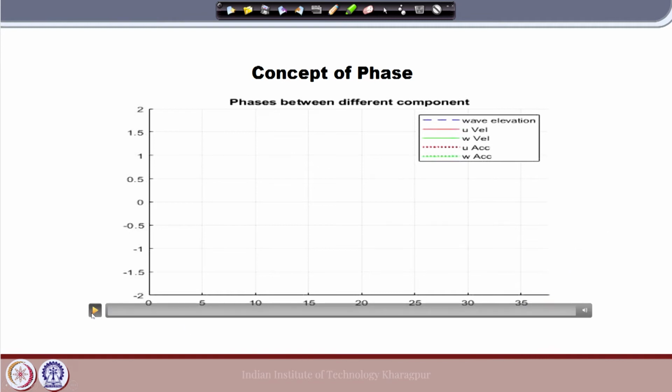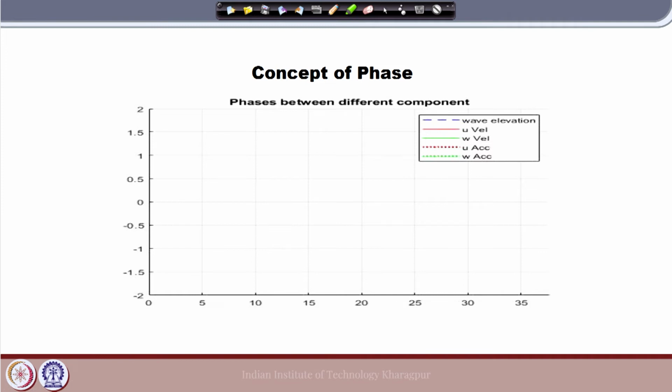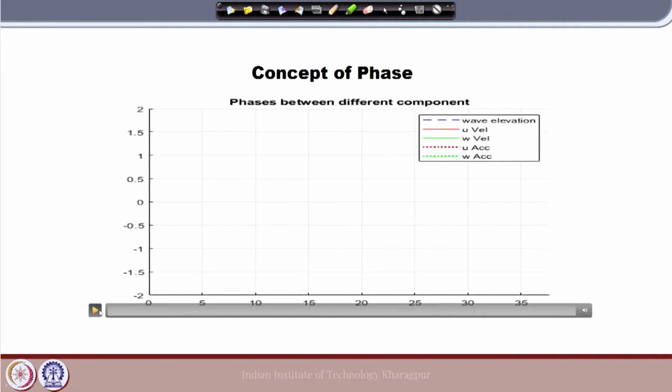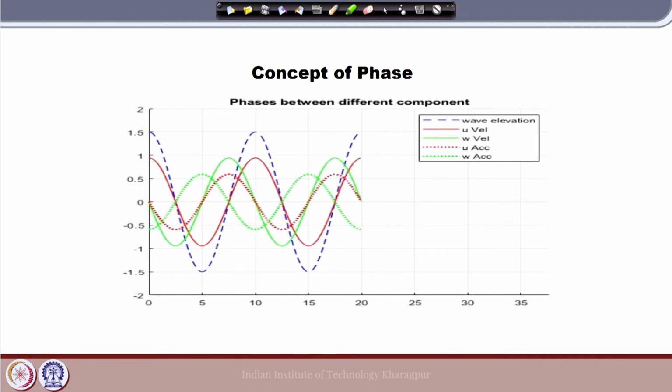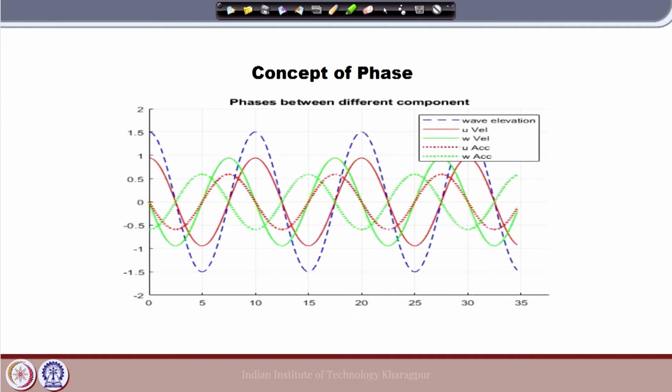Now, you can see that there are different components, and we are going to discuss later on what U, V, W, etc. are, but for now it is sufficient to understand the concept of the phase lag. You can see that all are harmonic functions, but all the functions have some kind of phase lag, all are not oscillating at the same time.